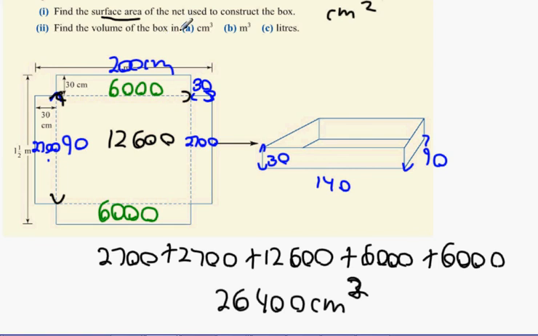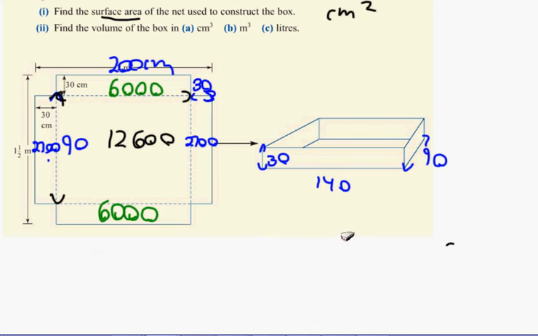Lads, next question. Find the volume of the box in first centimeters cubed, then meters cubed, and finally litres. Now, we've done this a couple of times already. What is the volume of a box? Volume of a box, anybody?